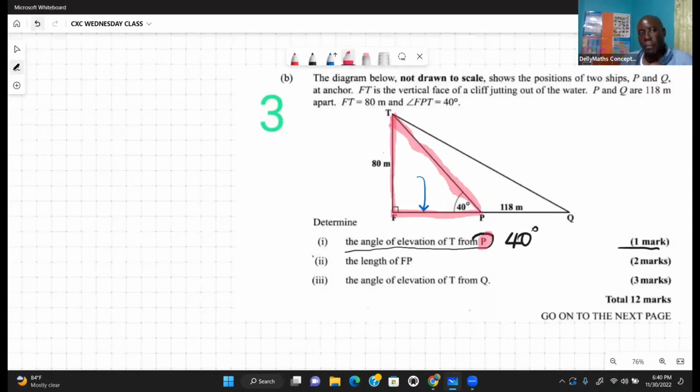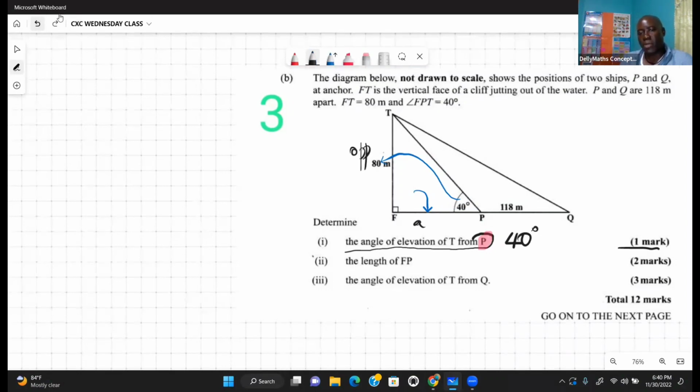So I can zoom in on that triangle now and see what I have. They gave you the opposite side and they're requesting the adjacent side.